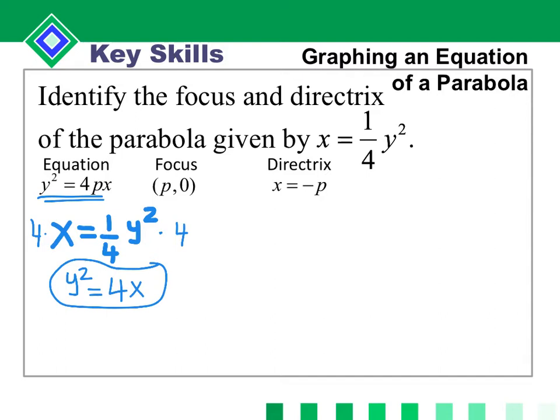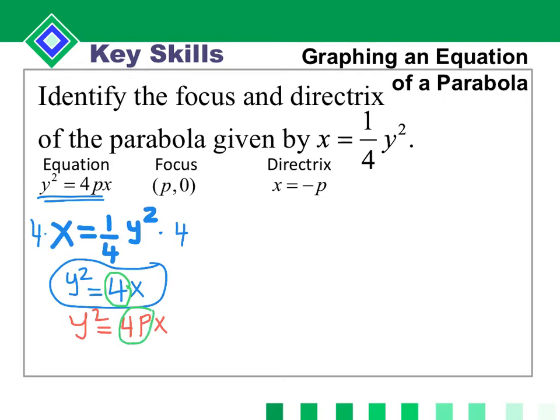Now the next thing I need to do is to compare it with the general equation of a parabola with an equation like this one, which is y squared equals 4px. Now I need to highlight what I need to pay attention to: the 4 and the 4p.